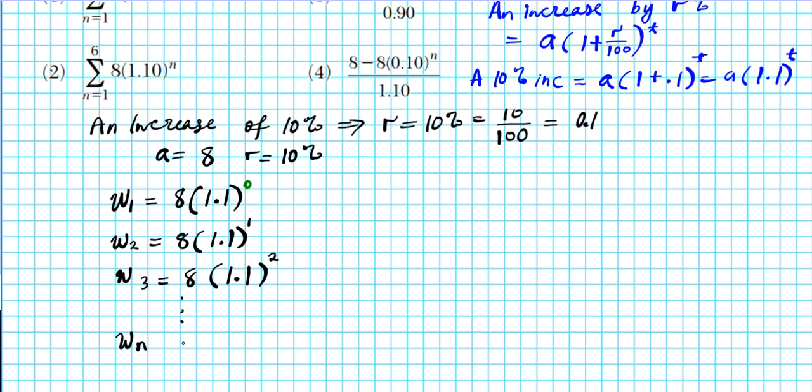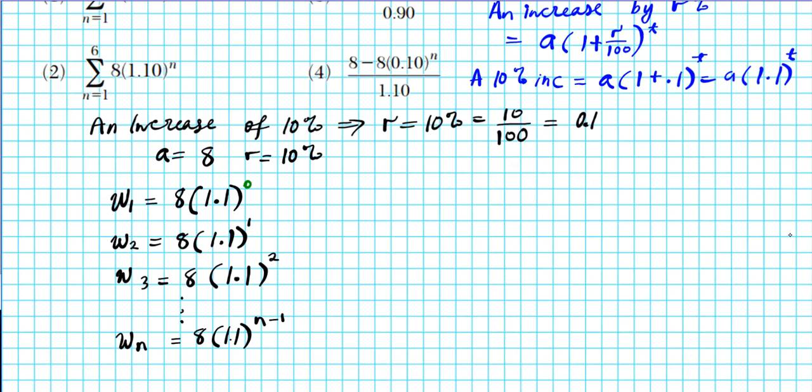In n weeks, she's going to be running 8 times 1.1 raised to the nth power. Actually, n minus 1 is always 1 less than the subscript. So 8 times 1.1 raised to the n minus 1 power.